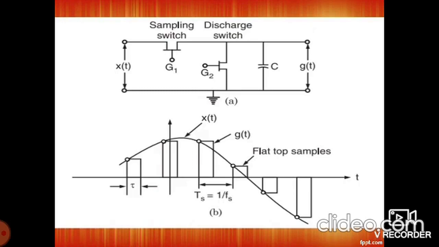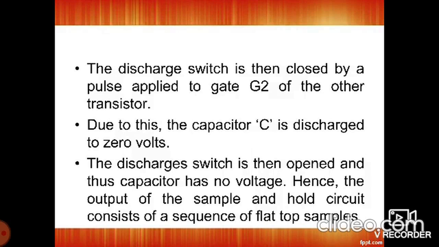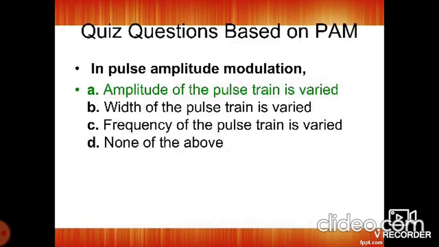The capacitor used here charges and discharges with sampling time Ts, where Ts is equal to 1 by Fs. Depending upon the charging and discharging of the capacitor, the FETs G1 and G2 sample and hold the waveforms in the circuit, so that the pulse amplitude waveform is produced.